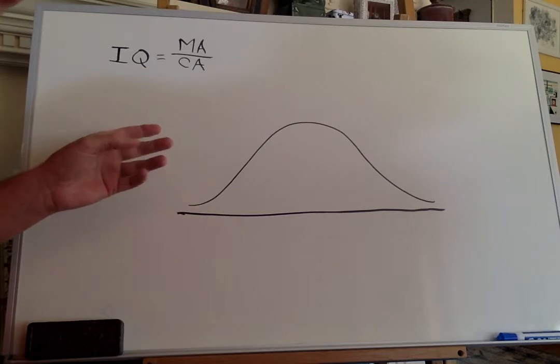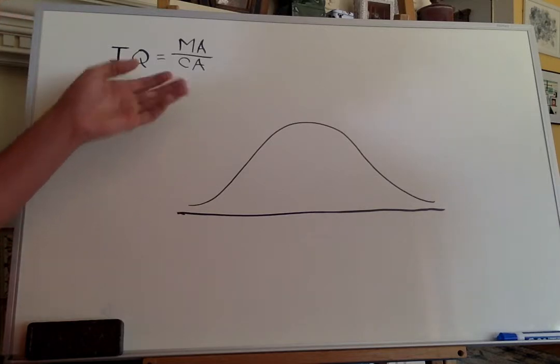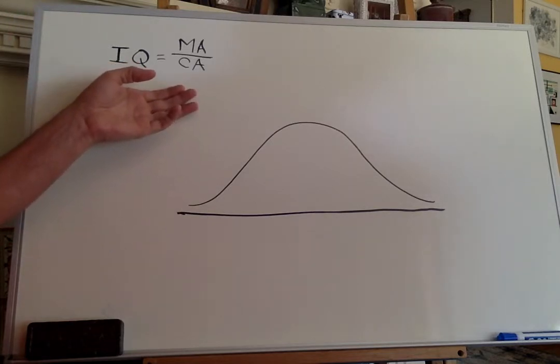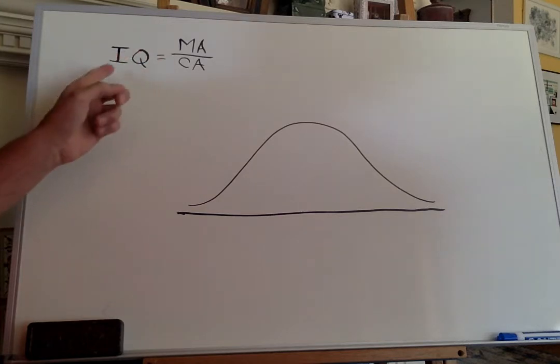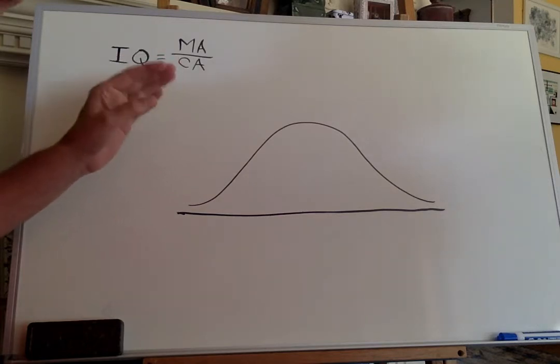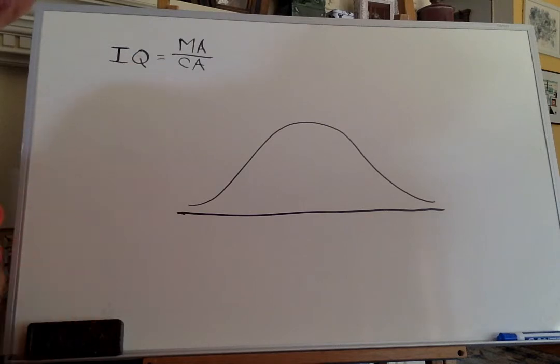Oftentimes one of the options that's incorrect is chronological age over mental age. Once again, I'm going to try to help you here, give you some advice.